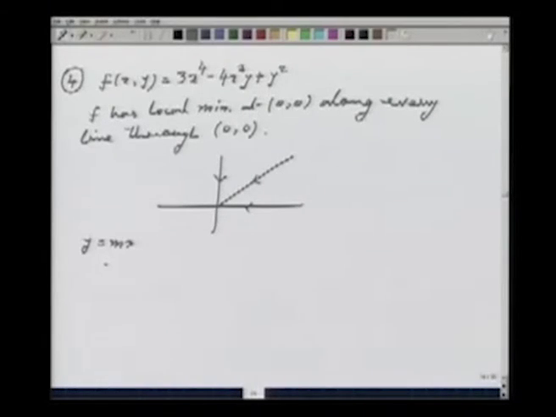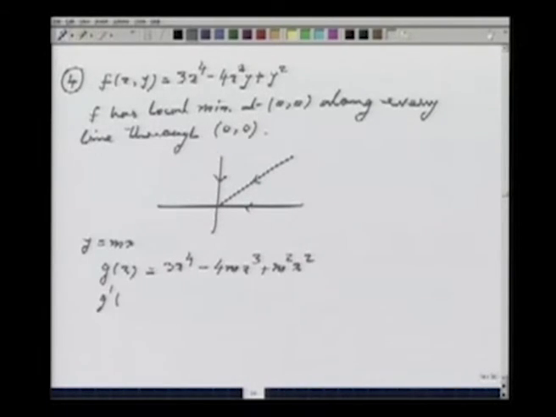So if I put y equal to mx, then my function, if I call it g(x), is 3x to the power 4 minus 4m x cubed, since I am putting y equal to mx, plus m squared x squared. To check that 0 is the minimum, I can use the one variable theory at my disposal.